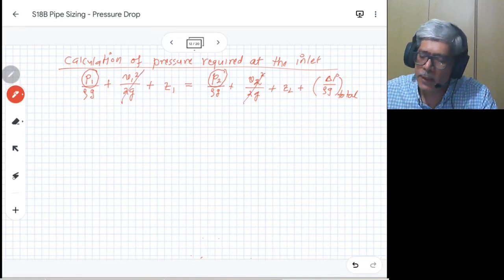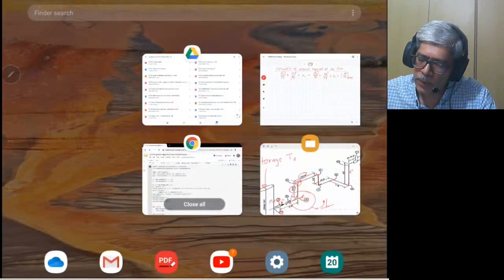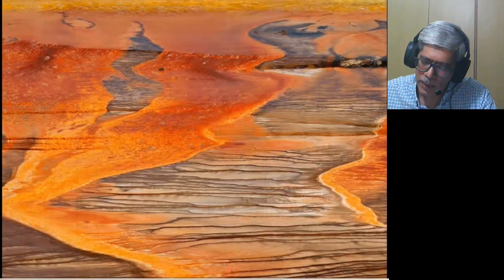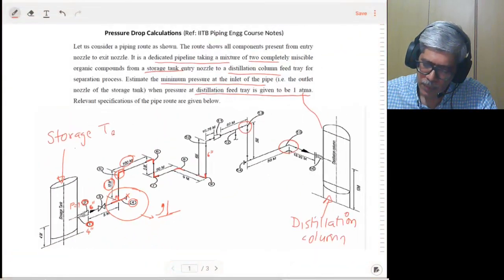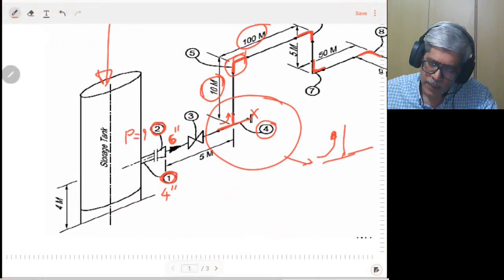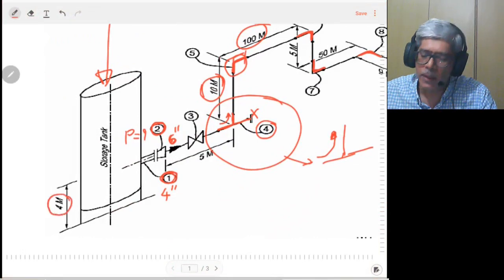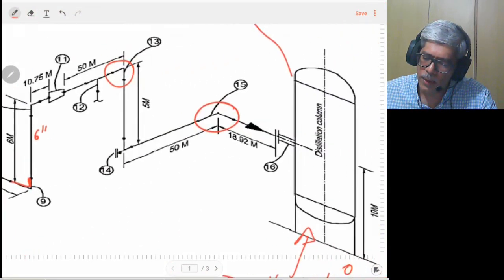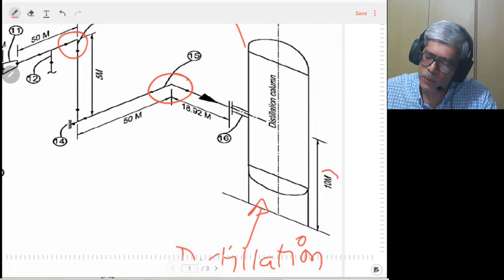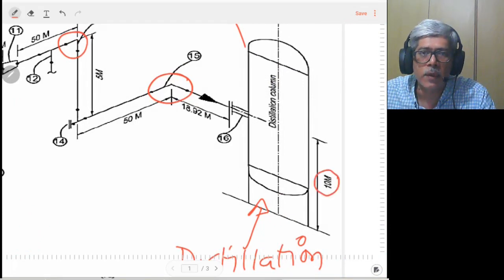The elevations Z1 and Z2 we need to note from the figure. If you look at this figure, we'll find that the elevation of the inlet nozzle is 4 meters from the ground, and the elevation of the outlet nozzle is 10 meters from the ground. So we have to use those values as Z1 and Z2.